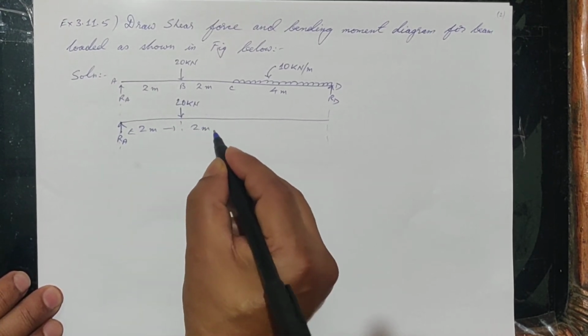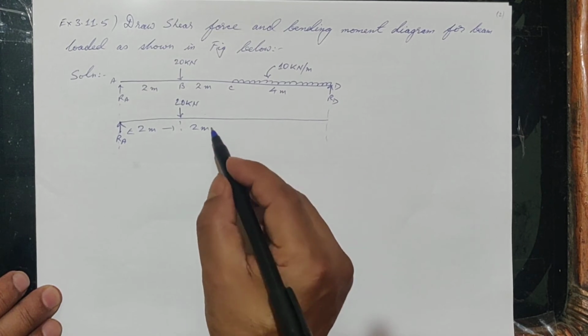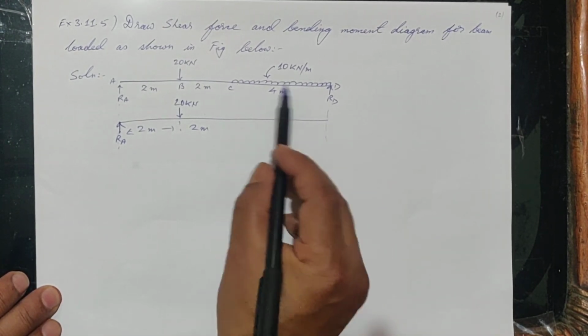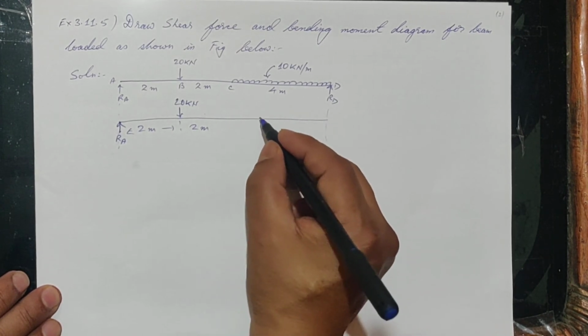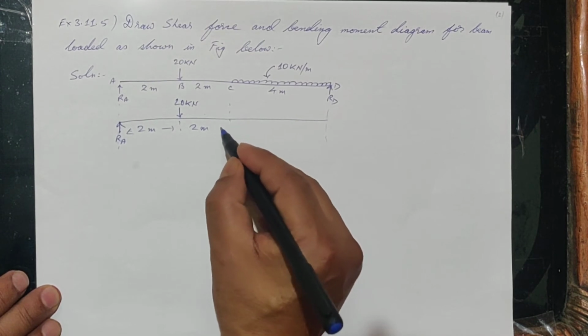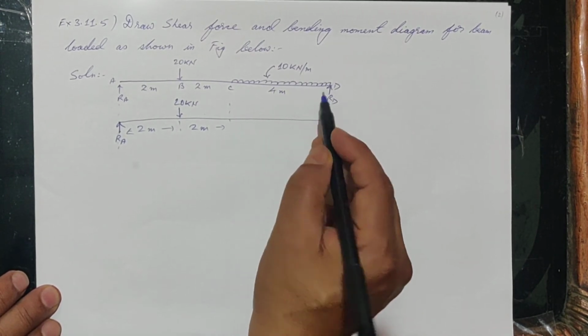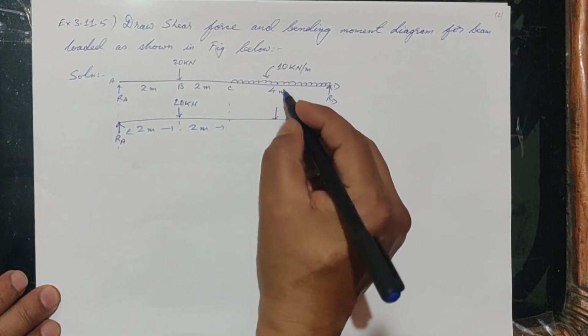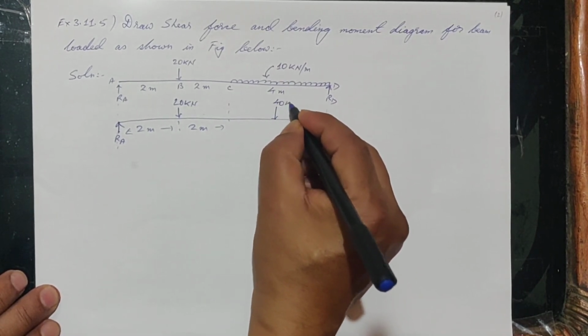Another 2 meters, we have the UDL starting. So we have here, say 4 meters, and this will act at the center of this. So this will be 10 multiplied by 4, that will be 40 kilonewton.